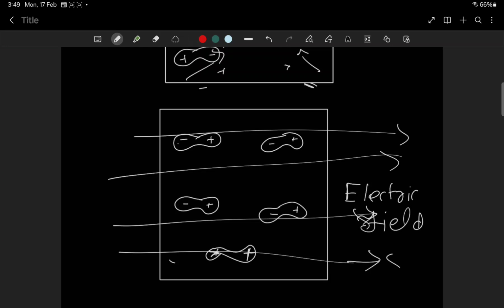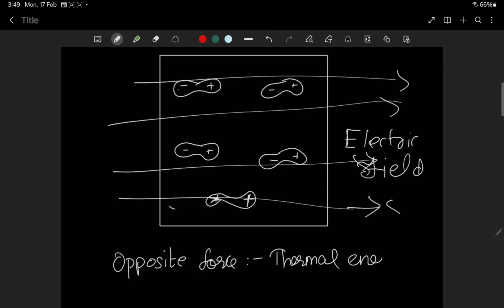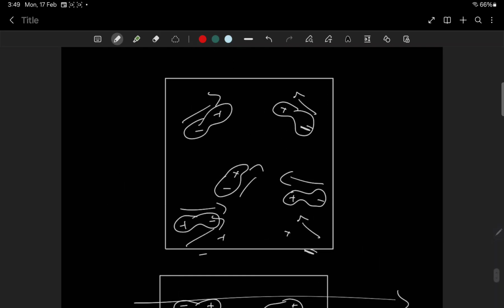So they are aligned to the electric field, but there is also an opposite force acting on them. That opposite force is thermal energy. Thermal energy doesn't want this alignment to happen; it wants to balance things thermodynamically.